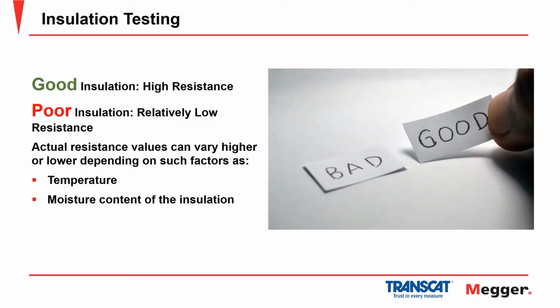So we'll come back again and again to good and bad. We'll refer back to these parameters and how you determine them and how you evaluate them, and we'll make constant references back to the effects of temperature and the effects of moisture.